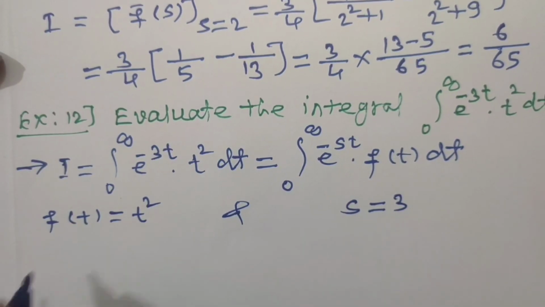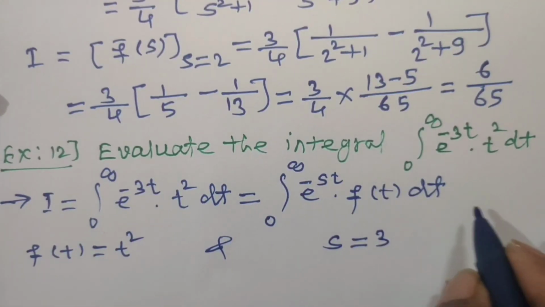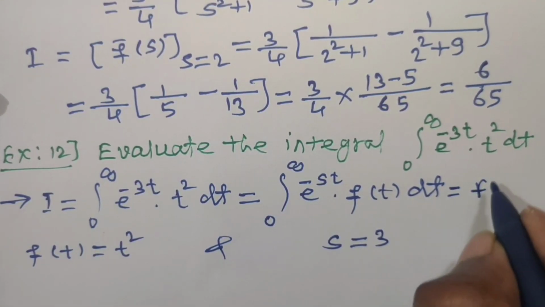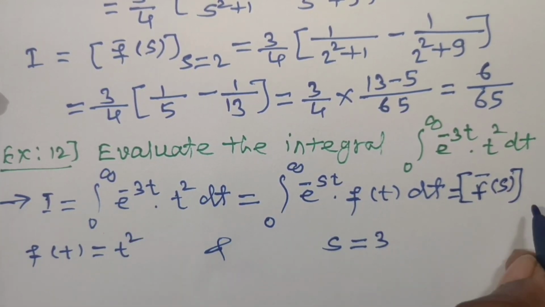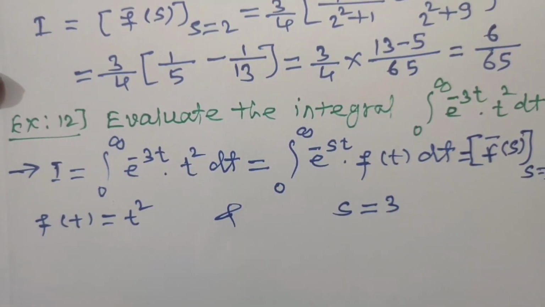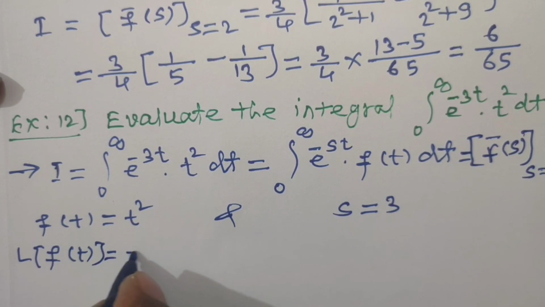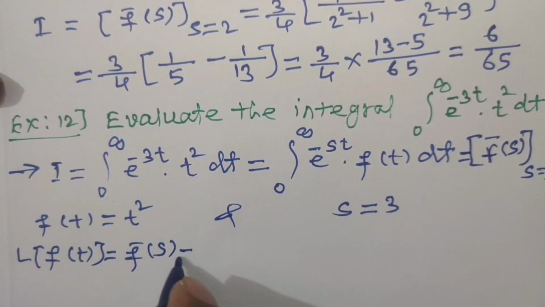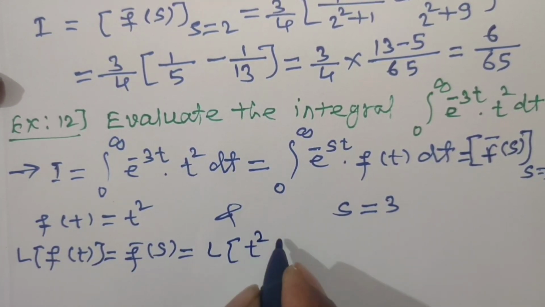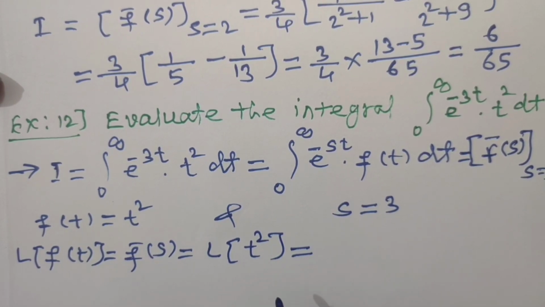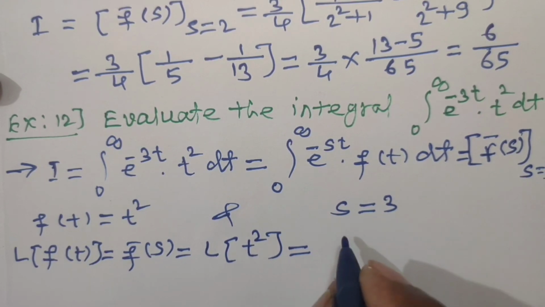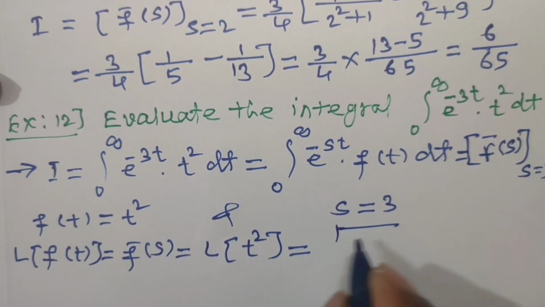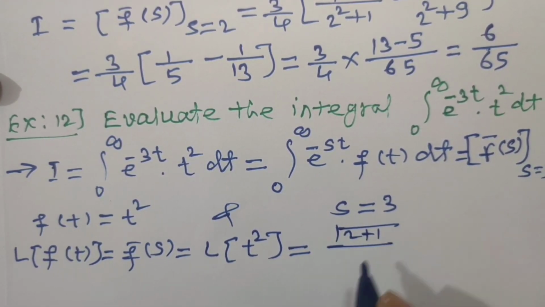Now the value of the integral is nothing but f bar of s, meaning the Laplace transform of f of t replacing s by 3. Let us find the Laplace transform of f of t. The Laplace transform of f of t is f bar of s, equal to the Laplace transform of t square. But you know the Laplace transform of t to the power n is equal to gamma n plus 1 upon s to the power n plus 1. N is 2, so gamma 2 plus 1 upon s cube.